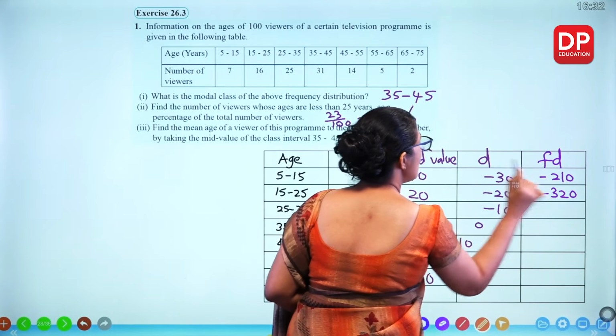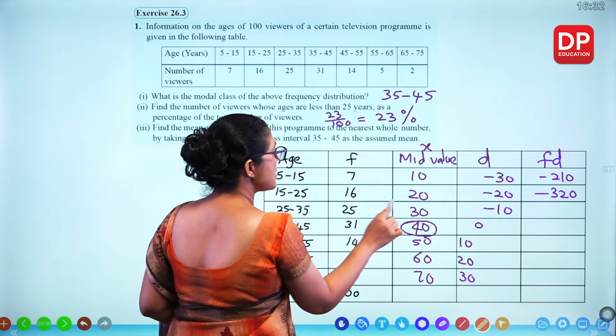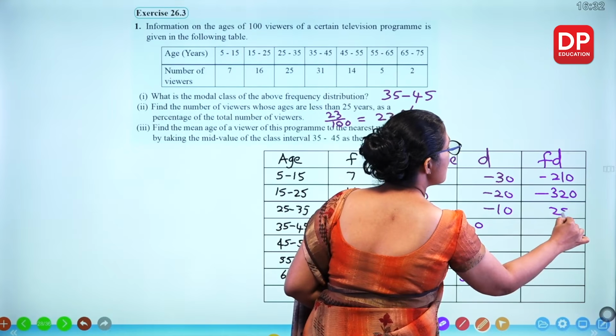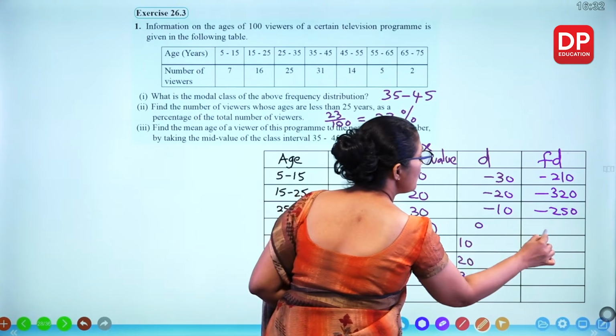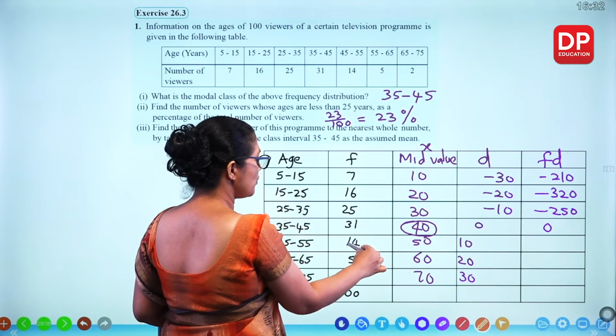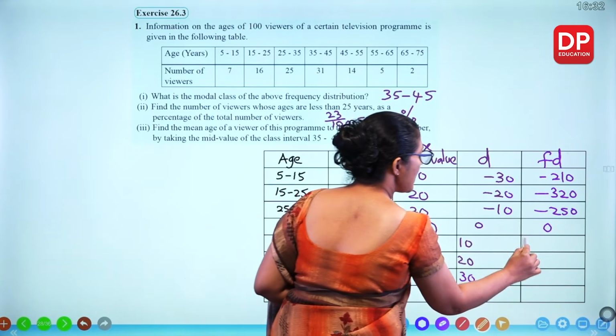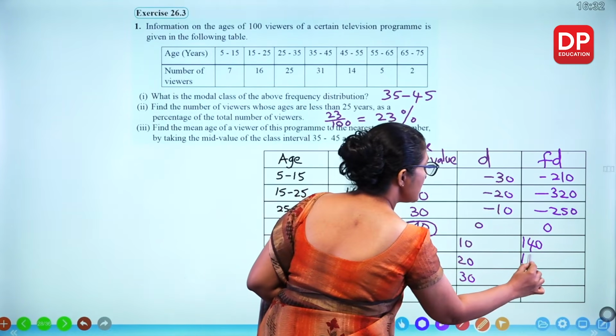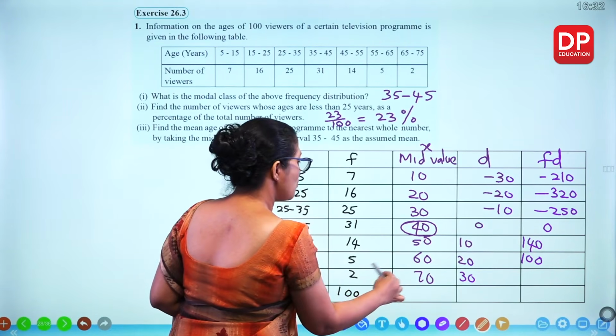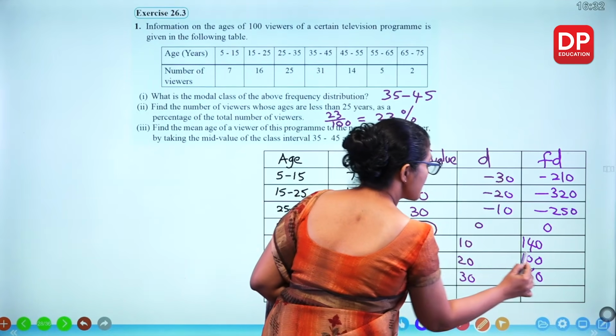And put a 0. That's minus. 25 times 10, 250 minus. Then this is 0. Now the positive values. 14 times 10, 140, 5 times 20, 100, 2 times 30, 60.